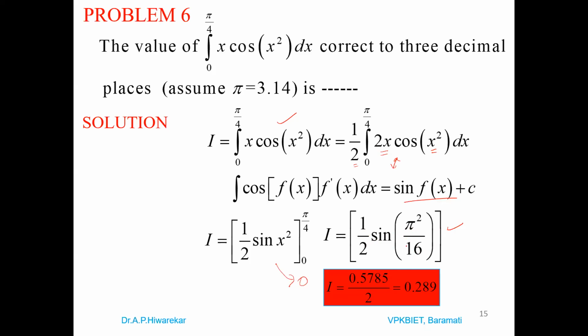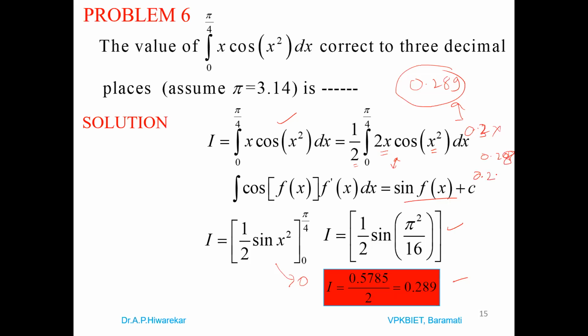You will find sine of pi square by 16 as 0.5785. That you divide by 2 because it is 1 by 2, and that comes to be 0.289. So the answer must be 0.289 up to 3 decimal places. If you enter the answer as 0.2 or 0.3, then that is not correct. If you enter 0.28, then that is also not correct.